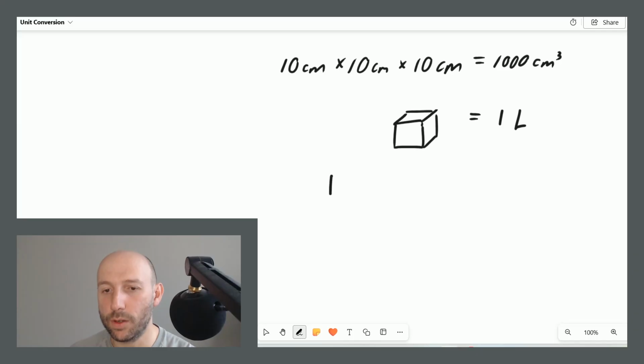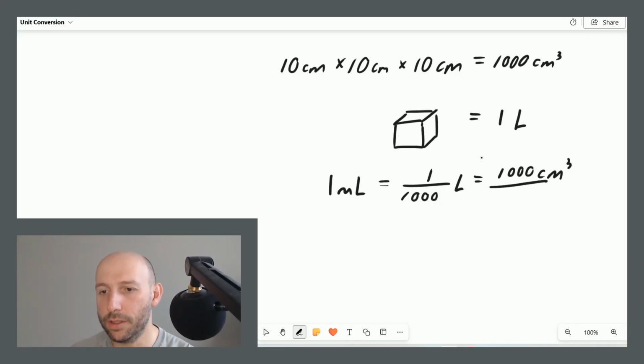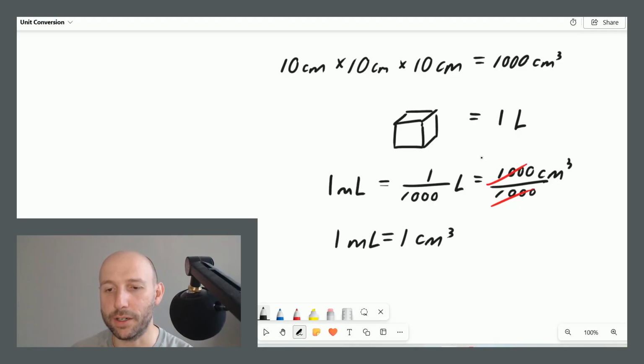Well, 1 milliliter would be 1,000th of a liter, would be 1,000th of 1,000 centimeters cubed. And our thousands cancel out. And we just have 1 milliliter equals 1 cubic centimeter.